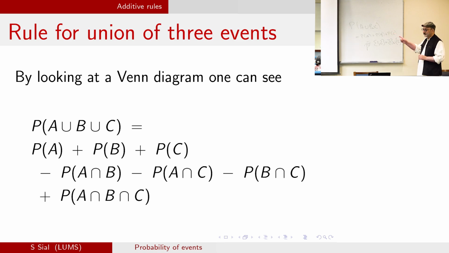But when we do that subtraction, we've taken out the triple intersection too many times. So we put that triple intersection back in. So in this course, we're not going to be worrying about unions of 100 events or something like that.